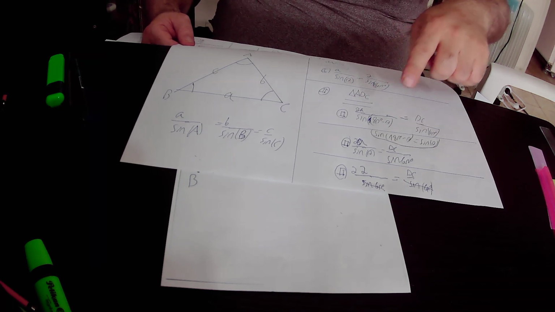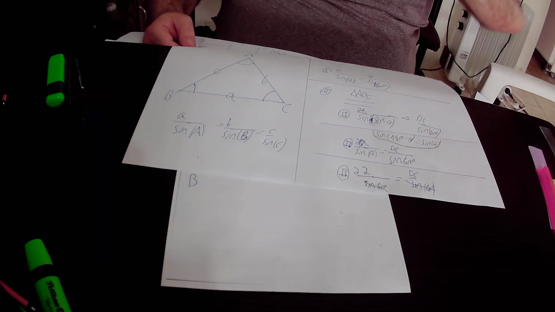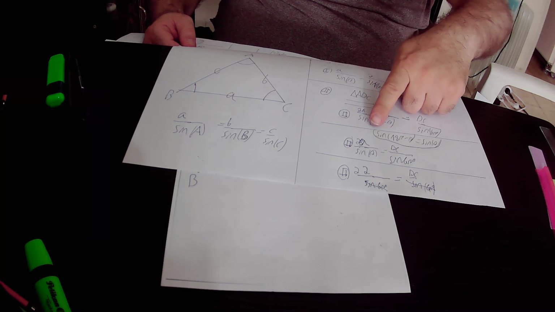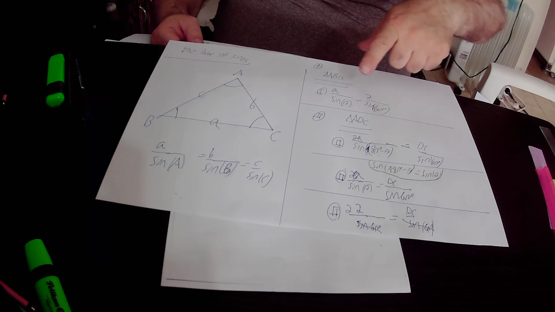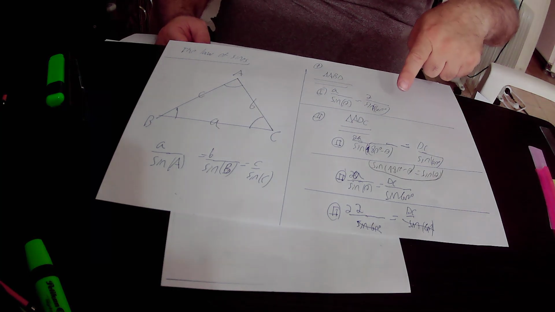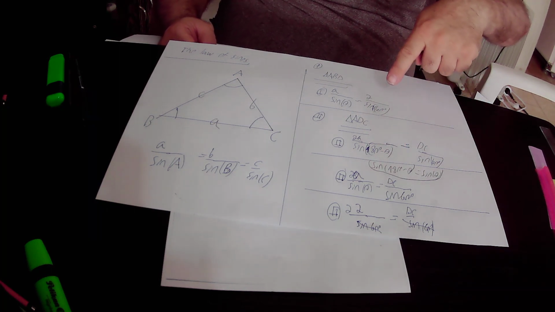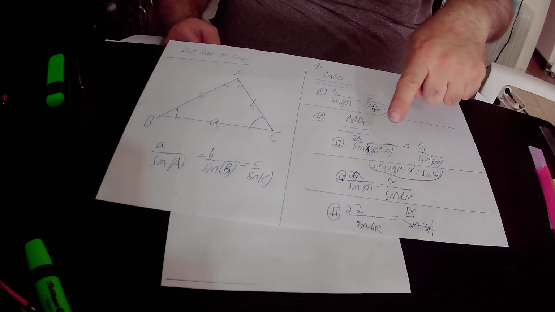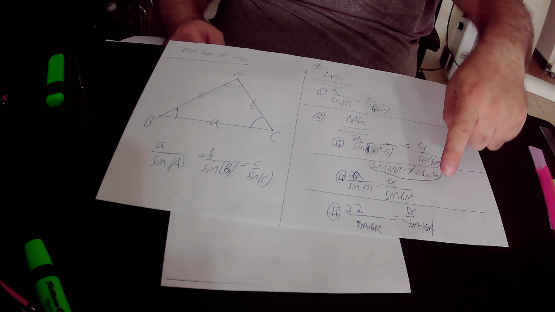We did it, and we got, according to equation number 2, that 2A over sine theta equals DC over sine 60 degrees. Here we have 2 times A over sine theta. But A over sine theta equals 2 over sine 60 degrees according to equation number 1. So we substituted, and we got that 2 times 2 over sine 60 degrees equals DC over sine 60 degrees.